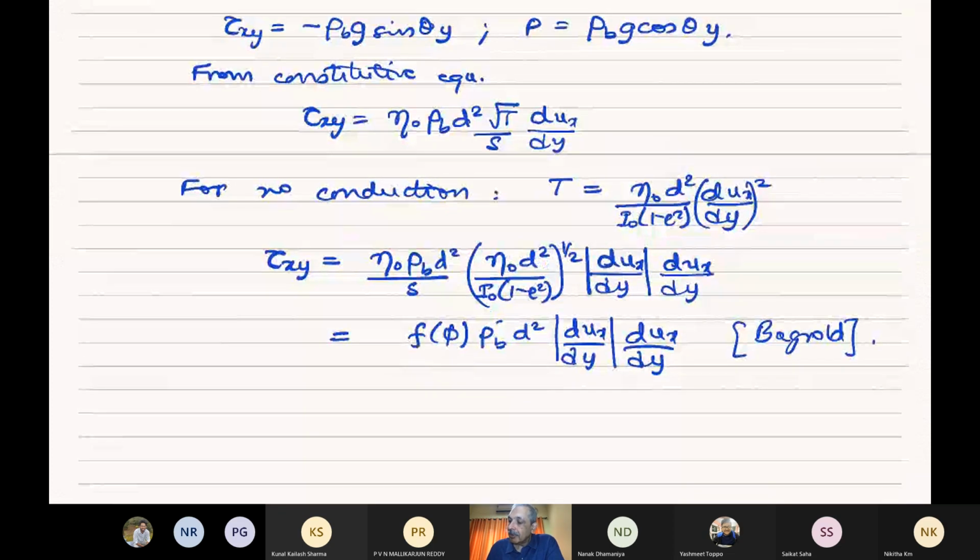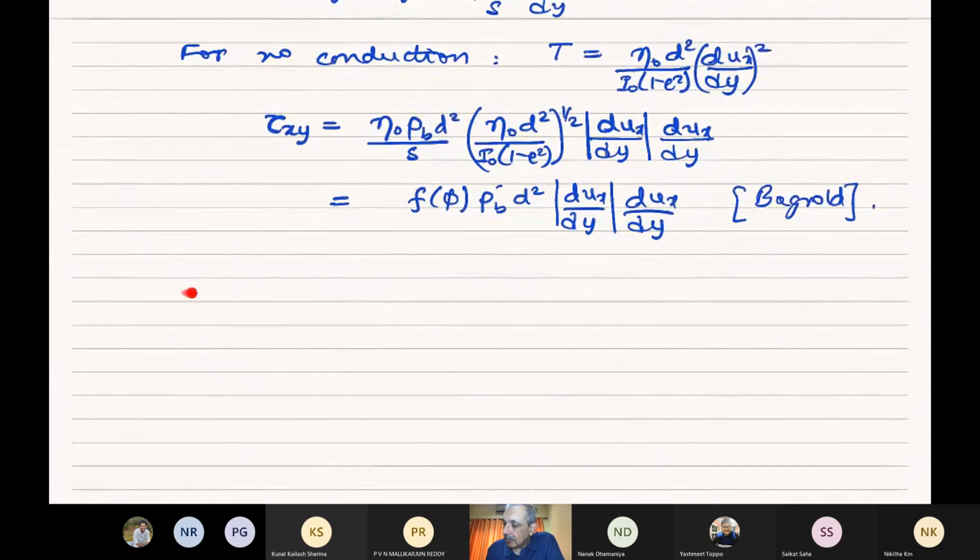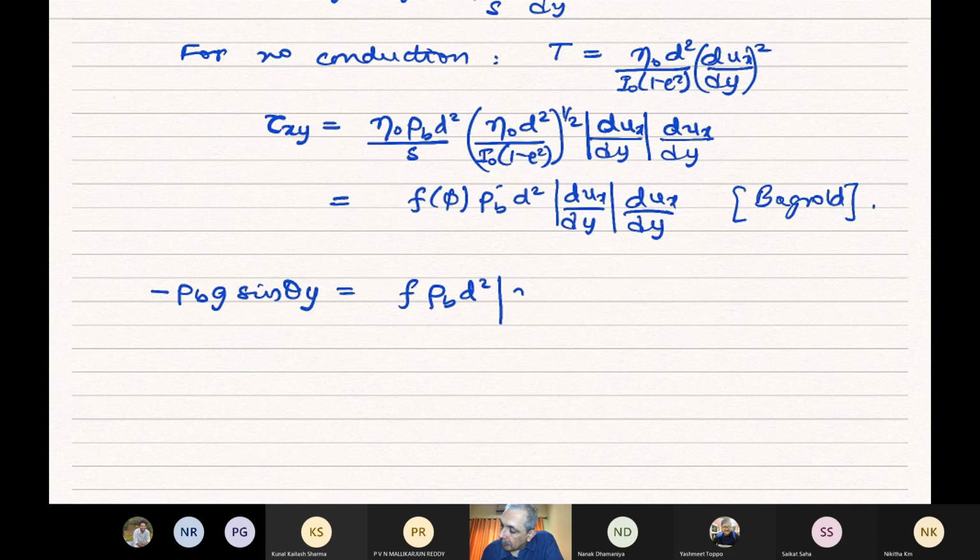But now what we can do is substitute for tau xy using the stress balance equation. So you have minus rho b g sine theta into y is equal to f into rho b d squared absolute value of dux by dy into dux by dy.